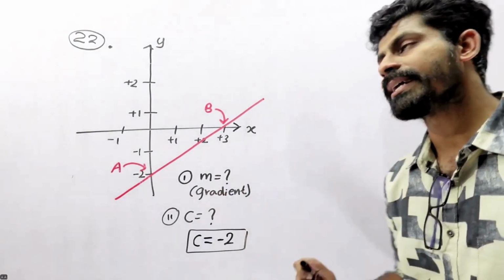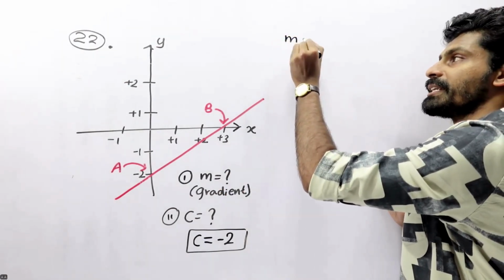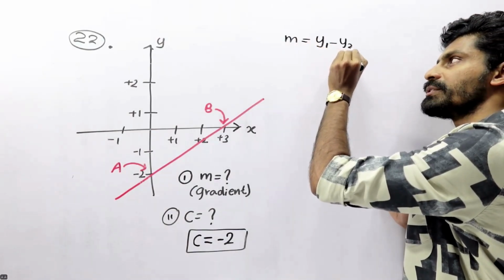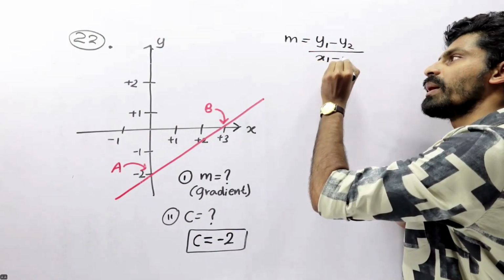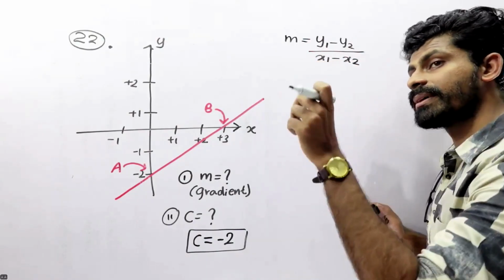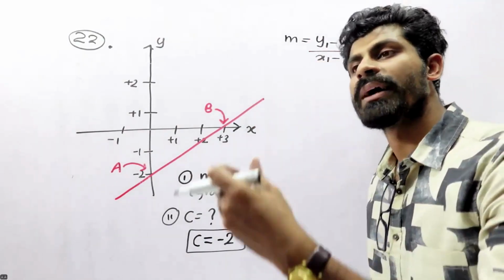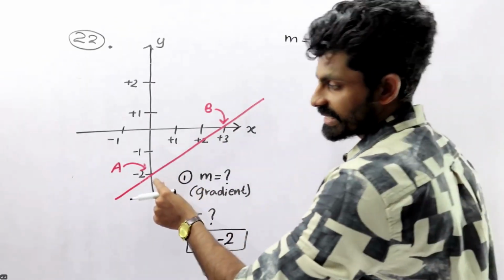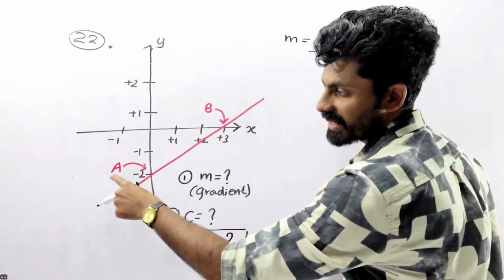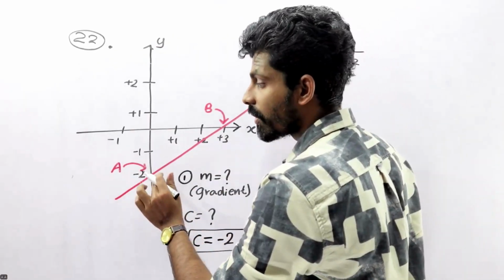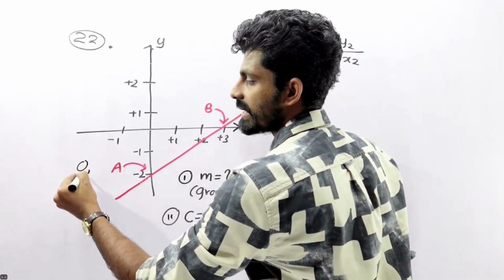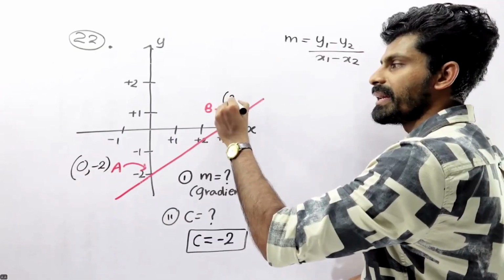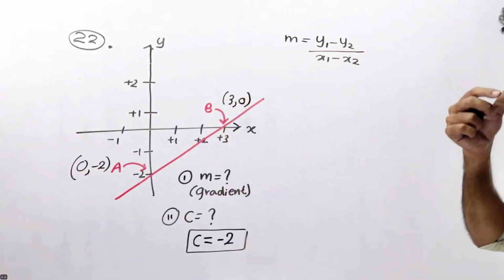How to find the gradient? Gradient means y1 minus y2 over x1 minus x2, the y difference over the x difference. How do we take y1, y2, x1, x2? Just mark any 2 points. This is A. So what are the coordinates of this point? 0, -2. And this one, 3, 0.